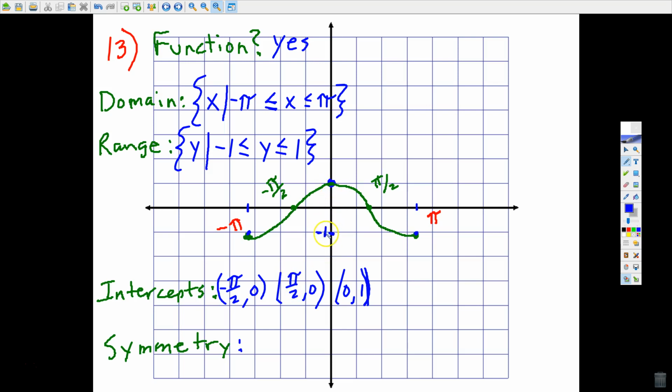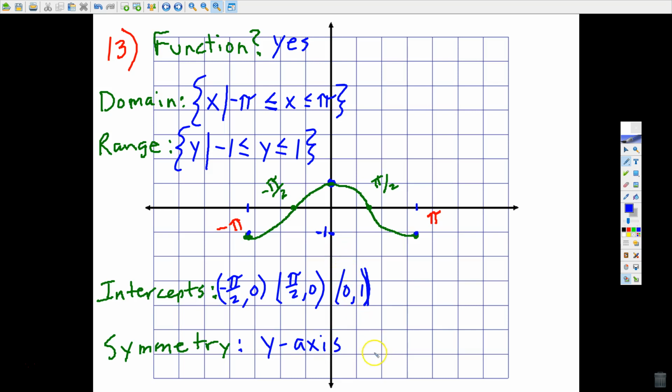Well, that's not the case. Looks like we do have y-axis symmetry, because if I do fold on the y-axis, I am going to have these two parts that would basically fall on top of each other. So there is y-axis symmetry.